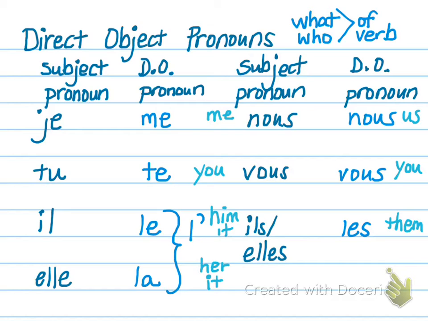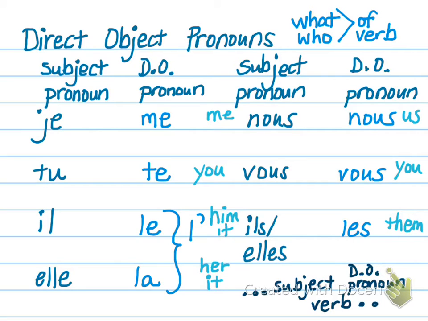And then we also previously learned back in lesson 28 that the normal order is our subject, our direct object pronoun, our verb.